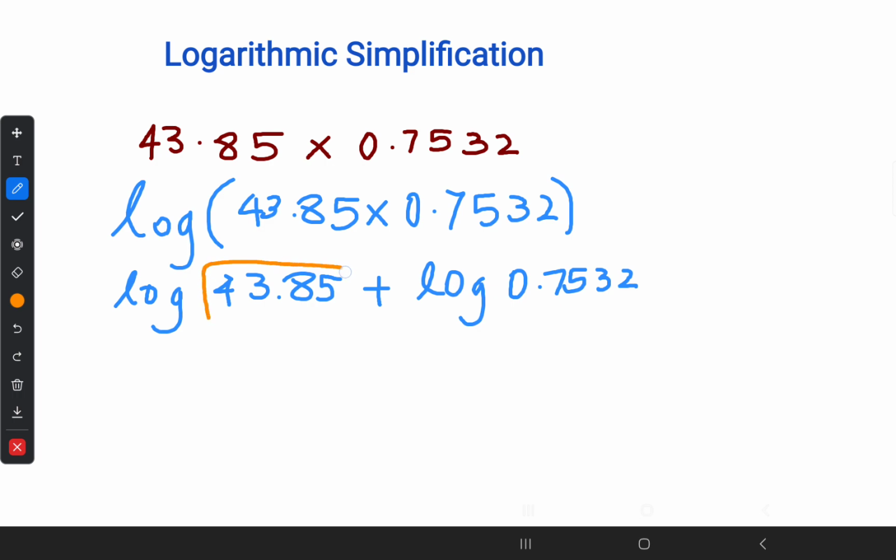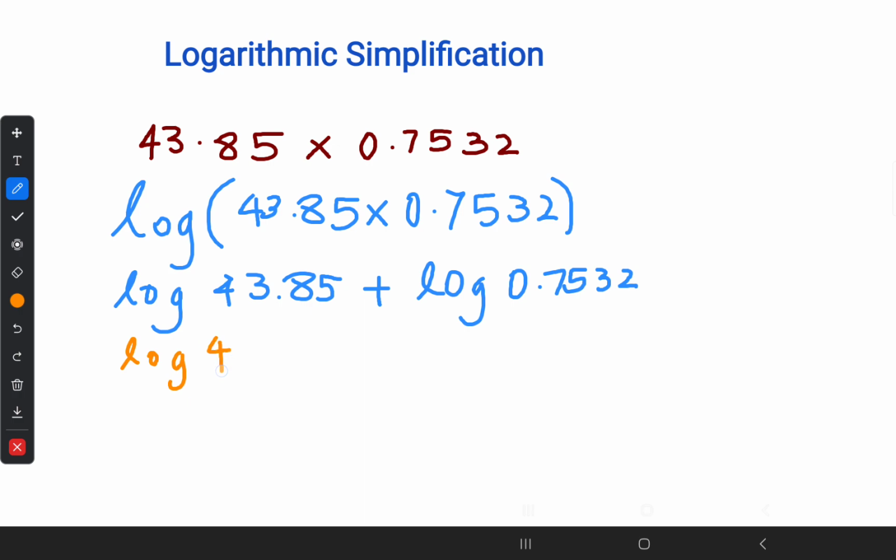To do this one, you should express this logarithmic value in scientific notation. Okay, in scientific notation, that means log a number between 1 to 10 and a multiplication of 10 power.